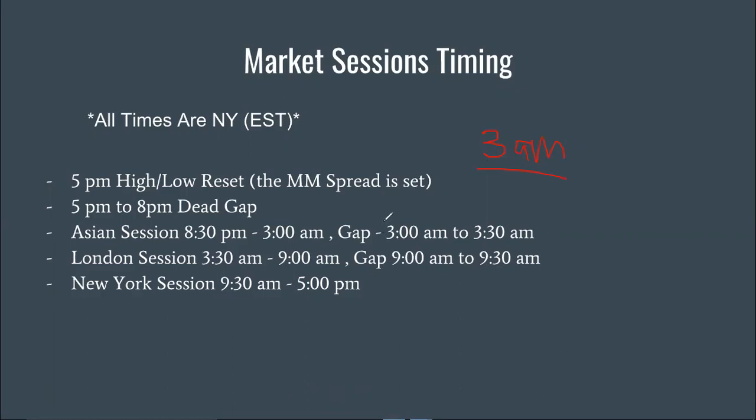That's when you should start to look for the trades. And the latest that you should be looking to take trades is going to be 11 a.m., once New York session has already been on its way. Okay, so hopefully all this makes sense.